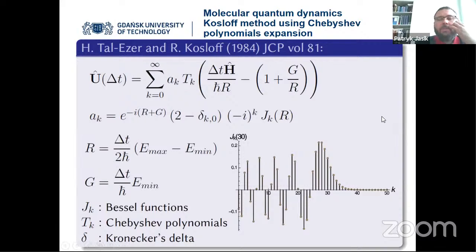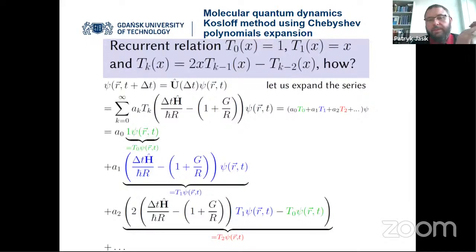This is a very well-known approach, but in our opinion it is one of the best, because, for example, you can create the expansion shown on this slide as long as you want. Of course, you have to have enough computational resources, but this is a very high accuracy method, and that's why we used it.